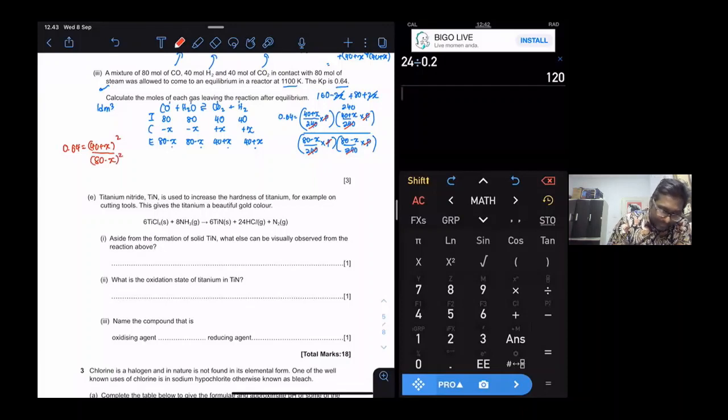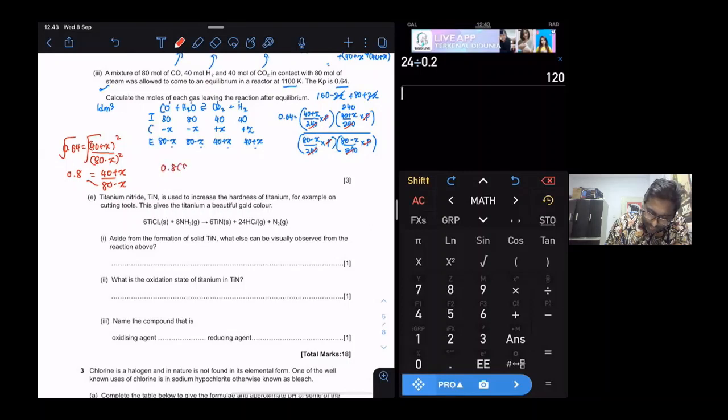So I just need to square root, I'll get 0.8 over here. This is going to be 40 plus x over 80 minus x. So I just need to times. So if I have 0.8 times 80 minus x equals to 40 plus x.